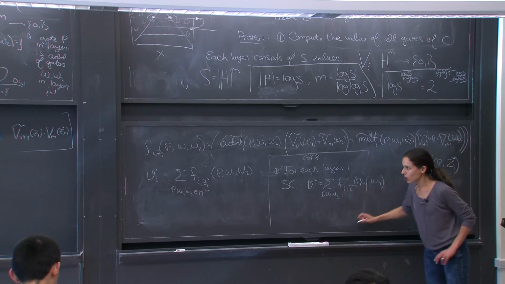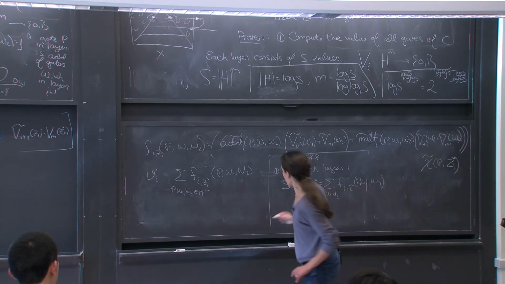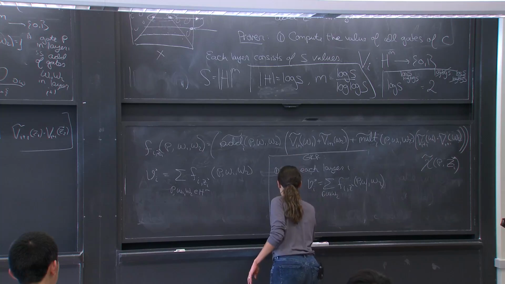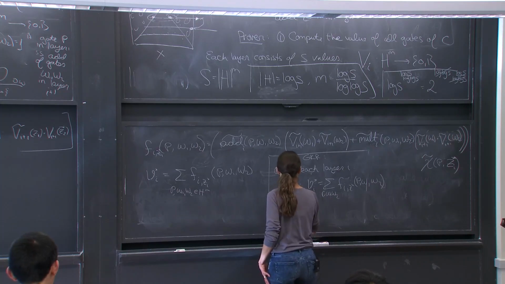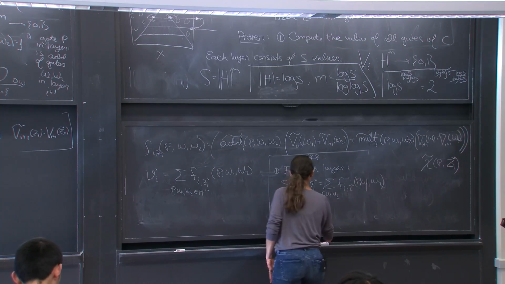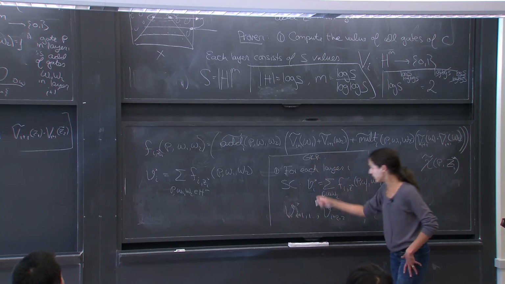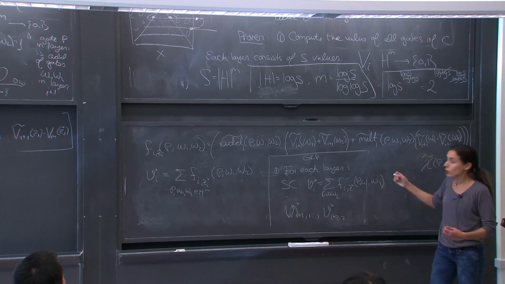At the end of this sum check, we reduced it to checking two things: Vi plus 1 star, and Vi plus 2 star. So we have two V's now, and on two points.